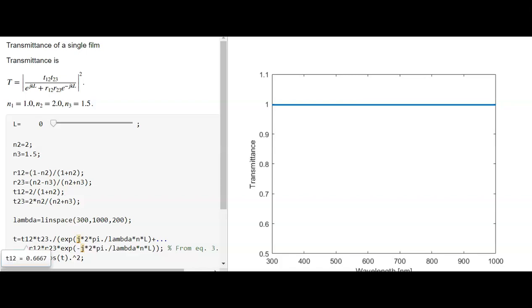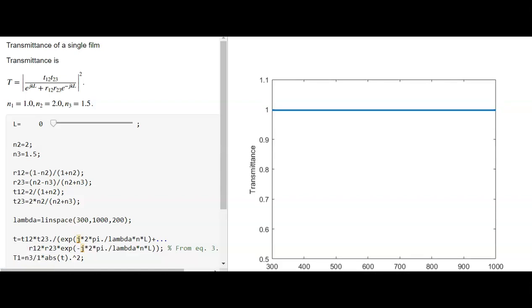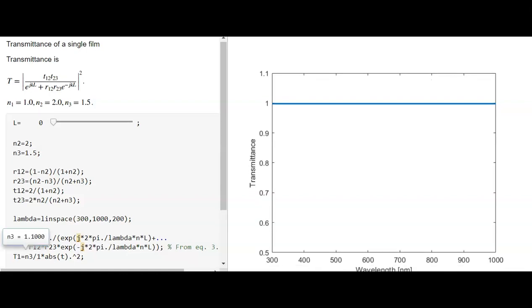The transmittance is calculated from the T-matrix model by taking into account the refractive indices in the substrate and the incident index.